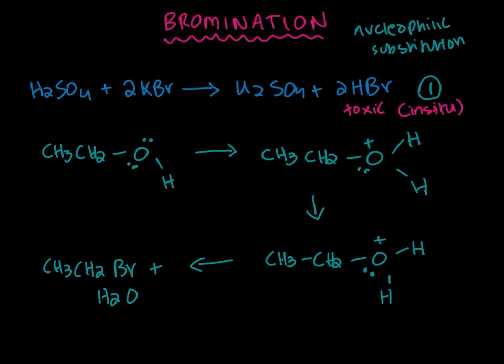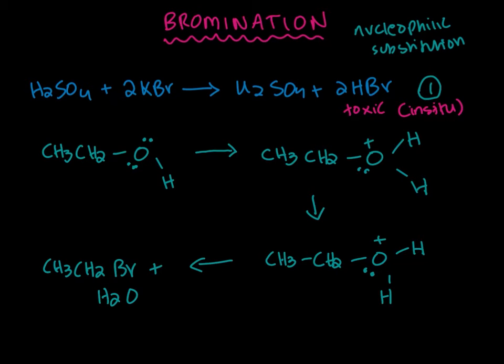This means that it is going to be prepared within the reaction. For this, you're going to react sulfuric acid with potassium bromide, and you're going to get HBr as your product. So you don't directly add HBr because it's toxic. You prepare it within the reaction, which is called in situ.